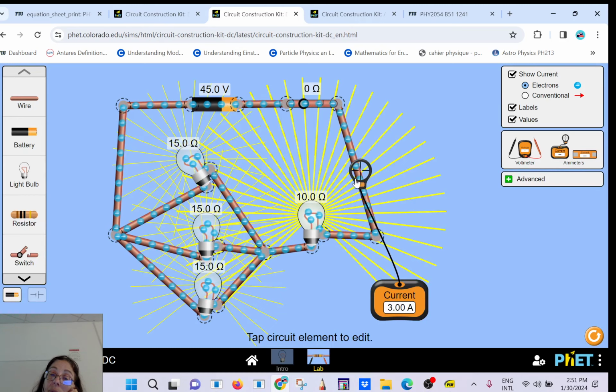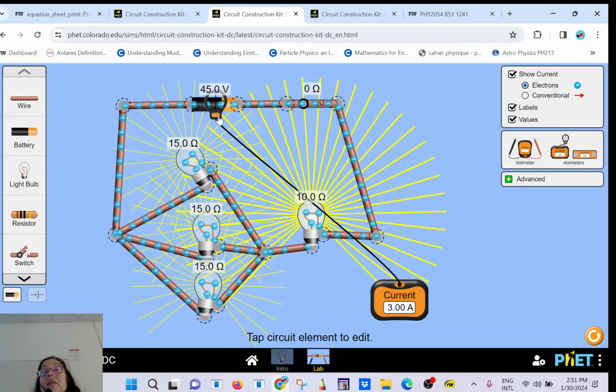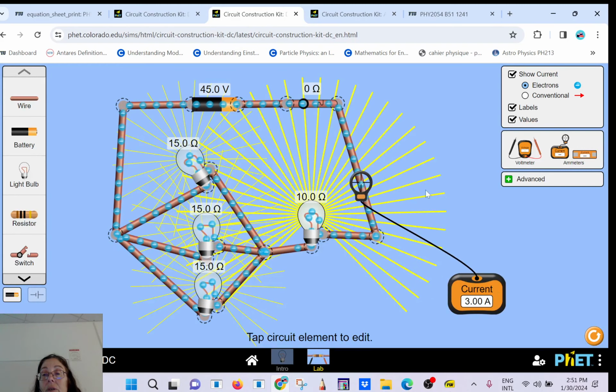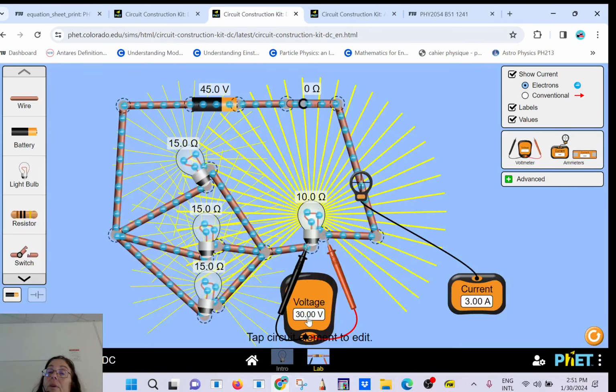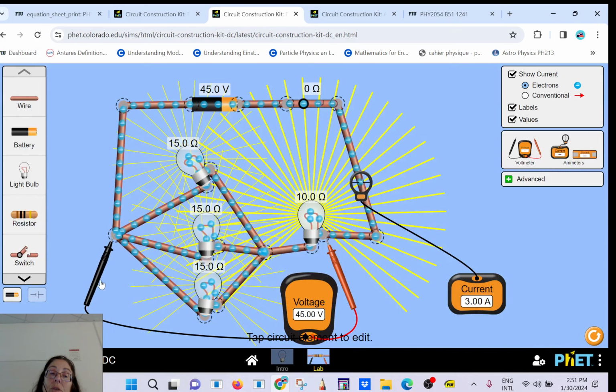Even for the power supply, it's going to be 3. Now, if you measure the voltage drop here, you're going to get 30 volt, right? So 10 times 3 is 30. The whole voltage drop is 45, but the voltage drop across the branches is 15 volts.